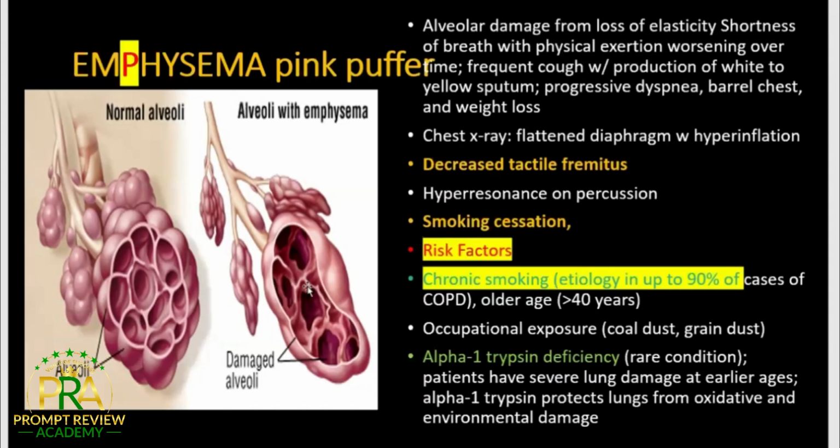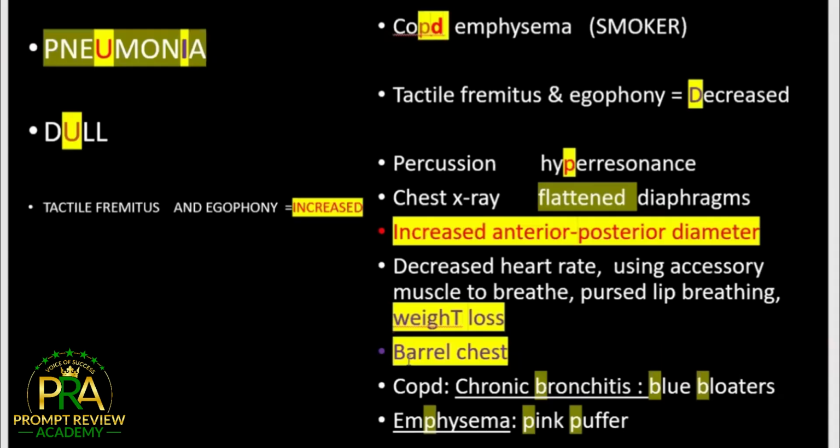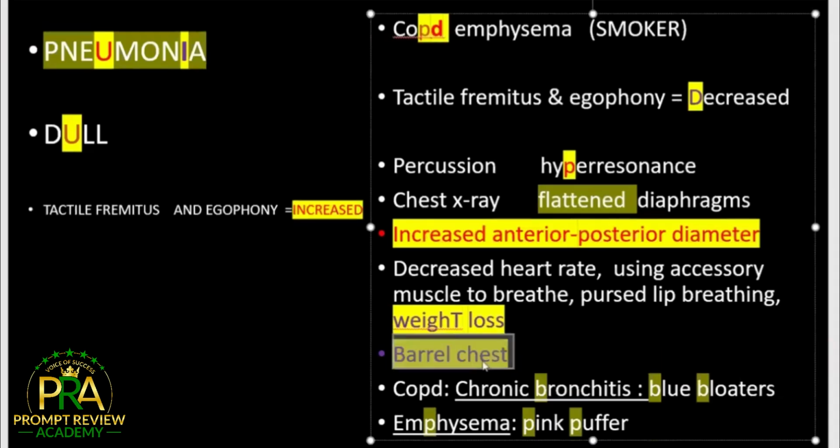So a patient will start having shortness of breath. But one thing you need to know for the exam is that they are going to have what we call a barrel chest, because these people are finding it difficult to breathe. They are going to have weight loss. When they are tired, they cannot eat, and because they cannot eat, they are not gaining weight.